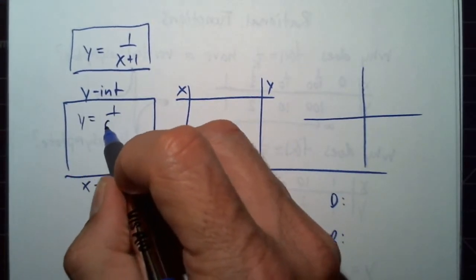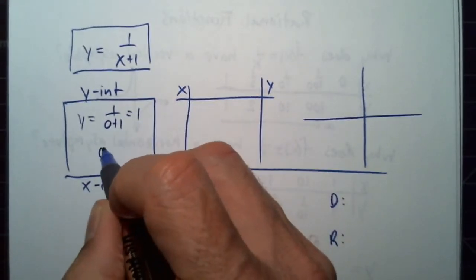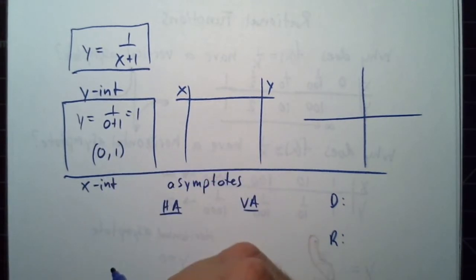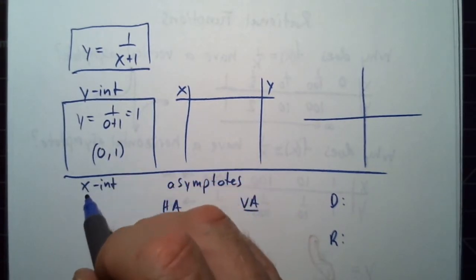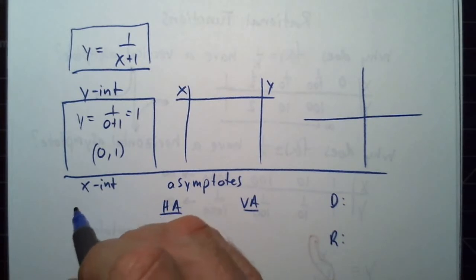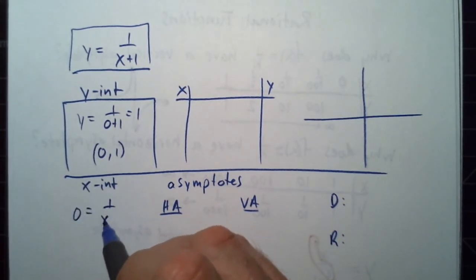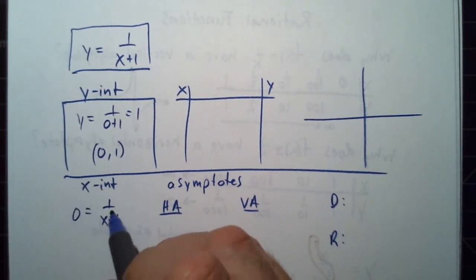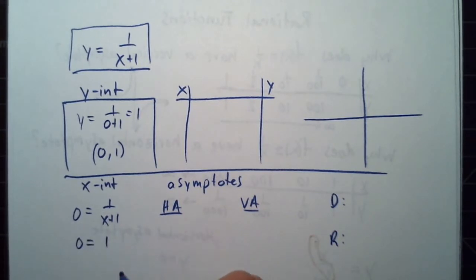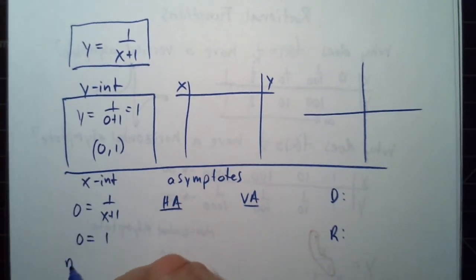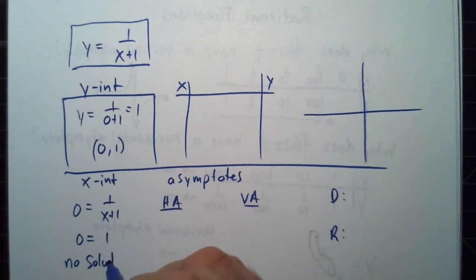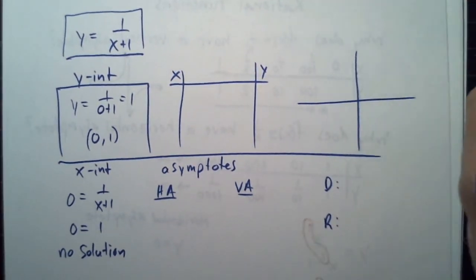Make the x 0, and we get a 1. So we have the y-intercept. The x-intercept is when the y equals 0. And if we multiplied both sides by the denominator, we'd have 0 equals 1. So there's no solution. But that just means there's no x-intercept. It doesn't mean there's no graph.